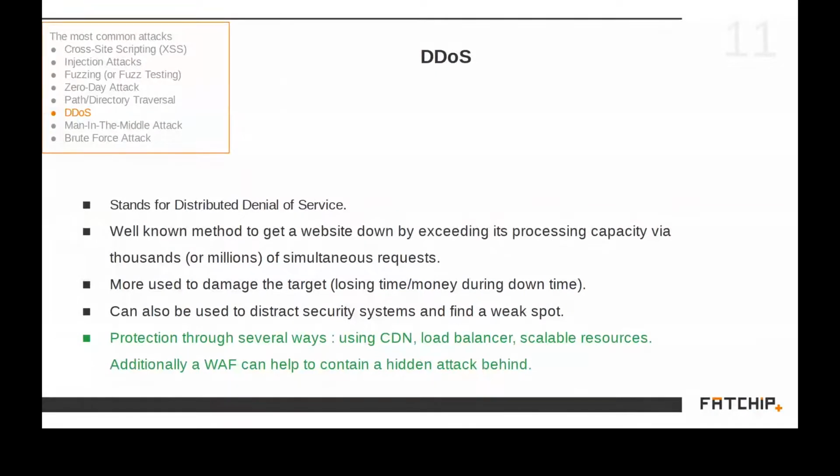The next one is a very well-known attack, which is, in this case, not targeting hacking, so to say, or less. It's more to really do some harm to the target by putting the website down via a lot of simultaneous requests, thousands or even millions sometimes.